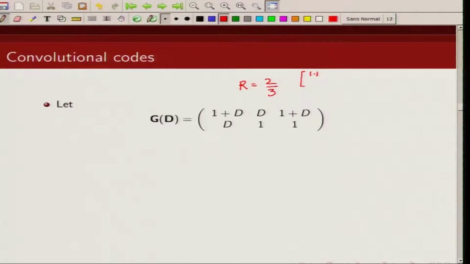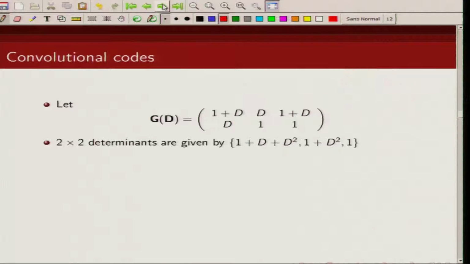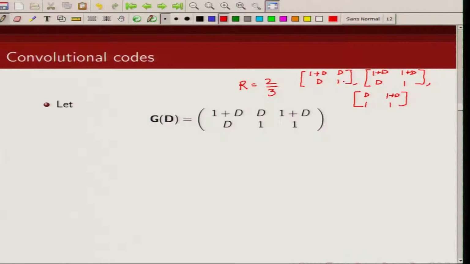One of them is this, 1 plus d, 1; the next one is 1 plus d, 1 plus d, 1; and the third one is d, 1 plus d, 1. So, these are the 3 2 cross 2 submatrices, and we can find out the determinant in this case.